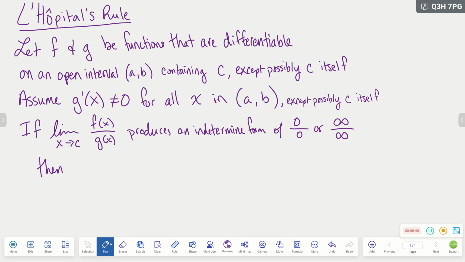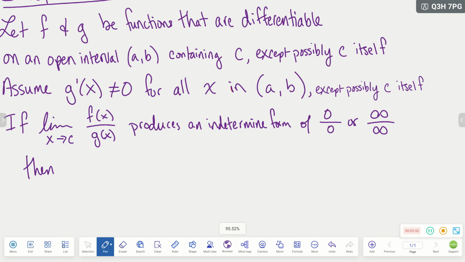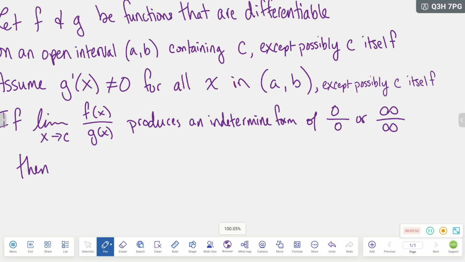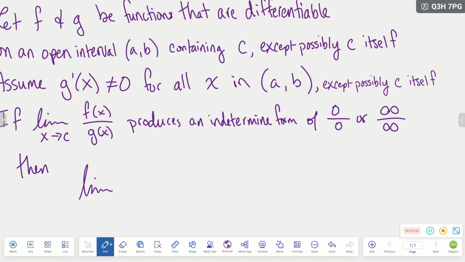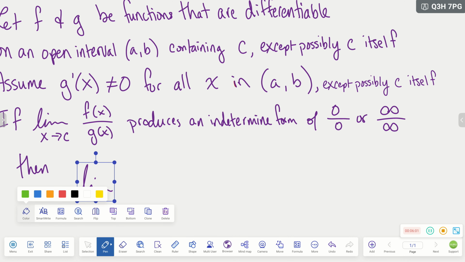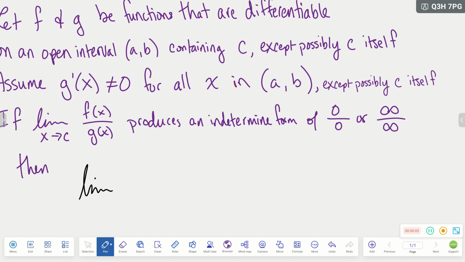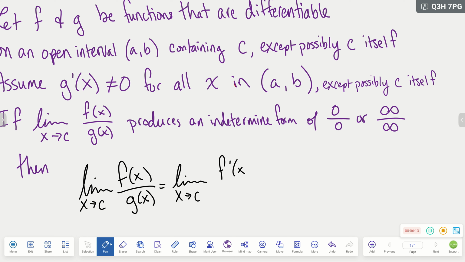I mean, you need to know all of it, but the most important part here is that you can say this: the limit as x approaches c of f of x over g of x is equal to the limit as x approaches c of f prime of x over g prime of x.